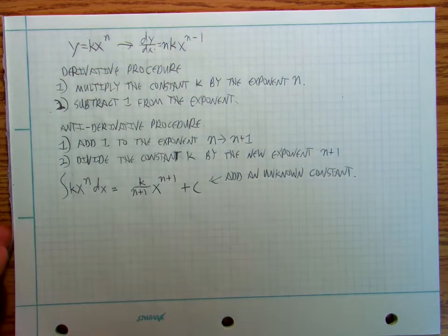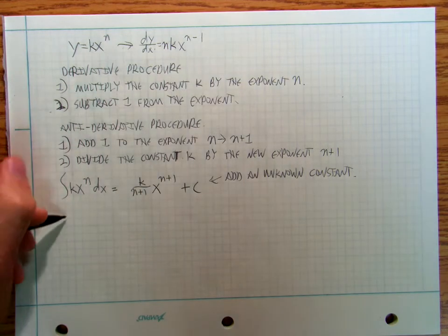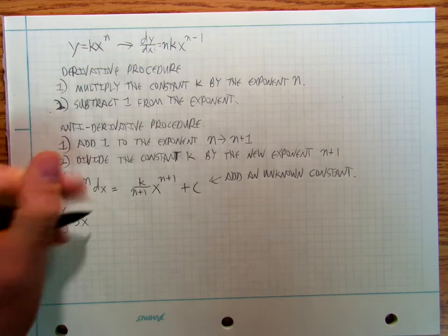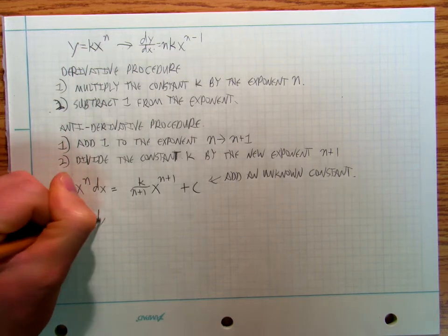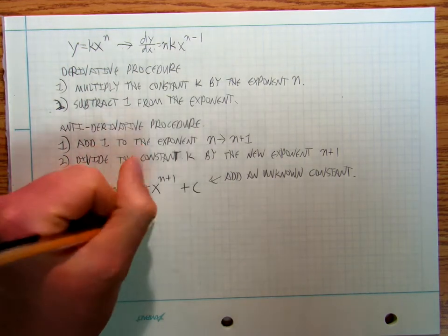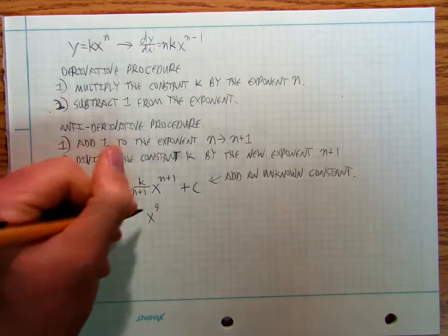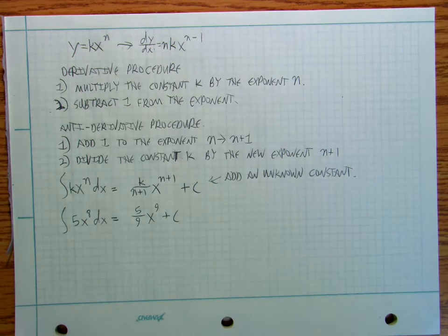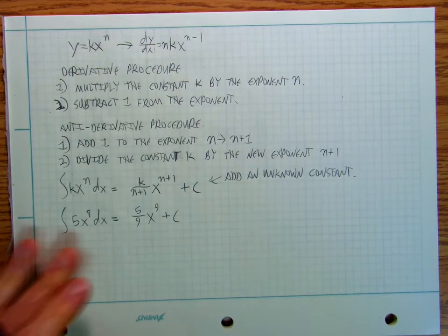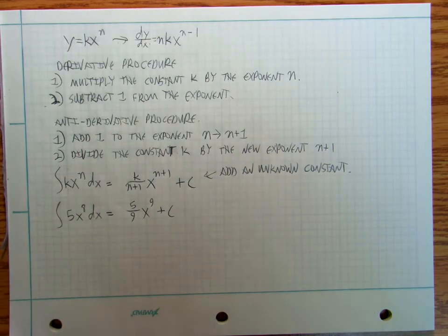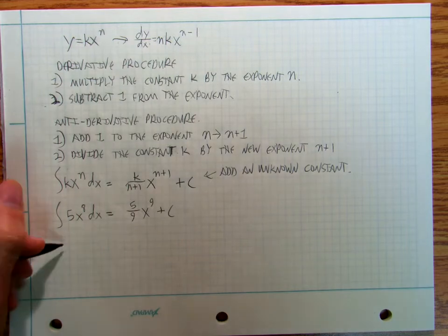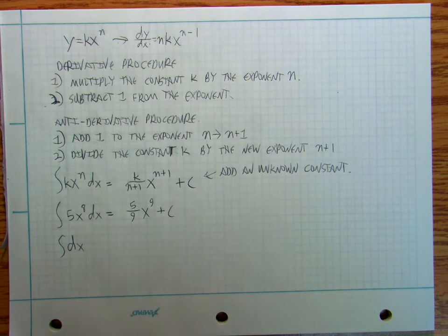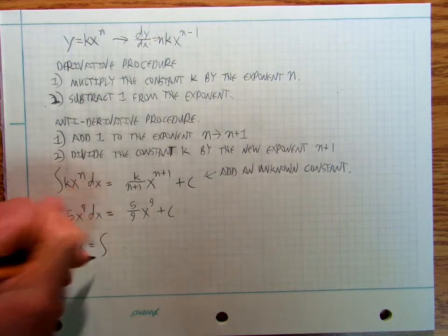Okay, so then just some examples. I've got the integral of 5x to the 8th. That's going to be x to the 9th, 5 divided by 9, plus c. Now there are a few tricky ones in there. I have the integral dx.